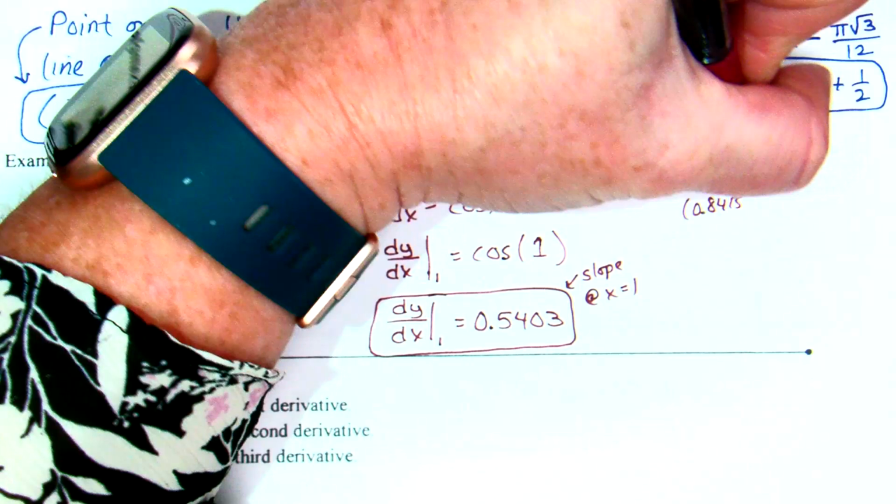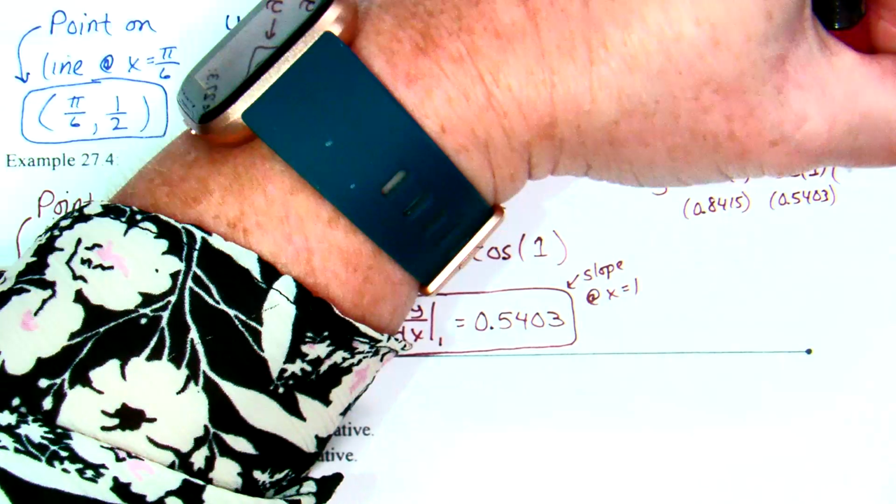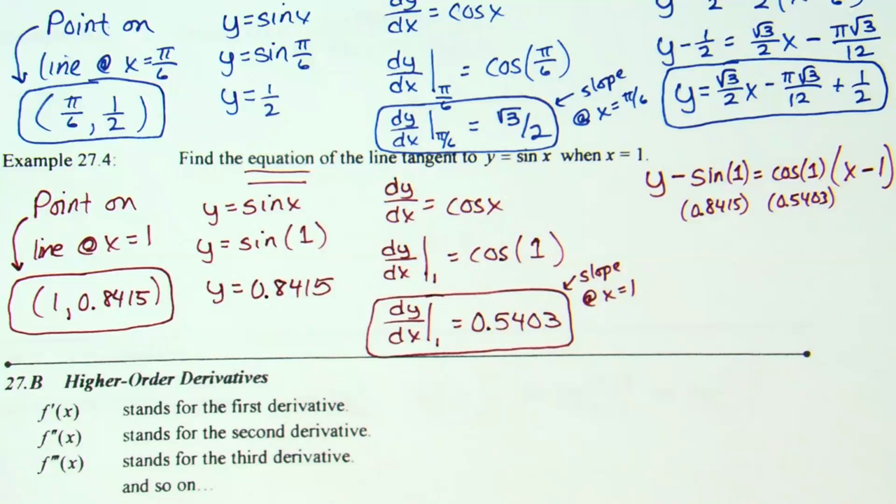equals, what's my slope? It's the cosine 1 which is that 0.5403, times x minus 1. Okay.